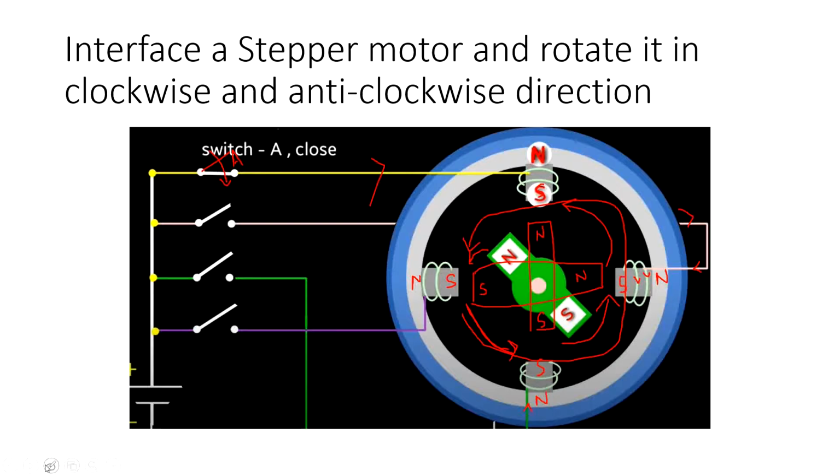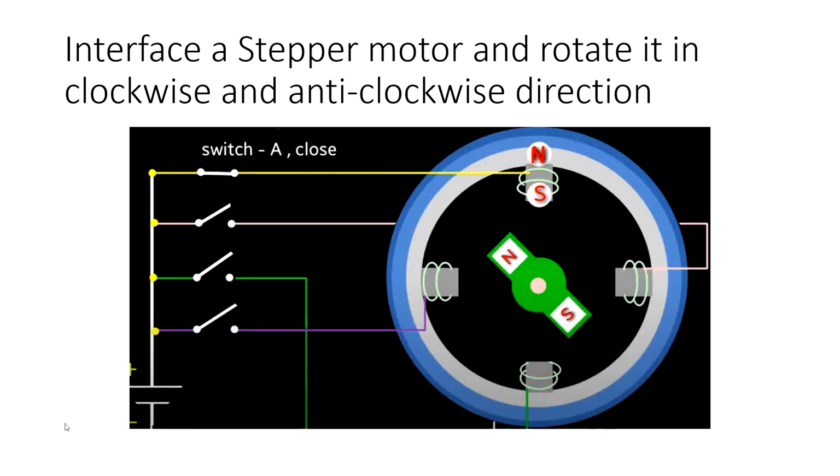Correct? So this is how we can analyze the working of the stepper motor. Suppose I close two switches together. For example, let me assume that I have closed switch A and switch B together.